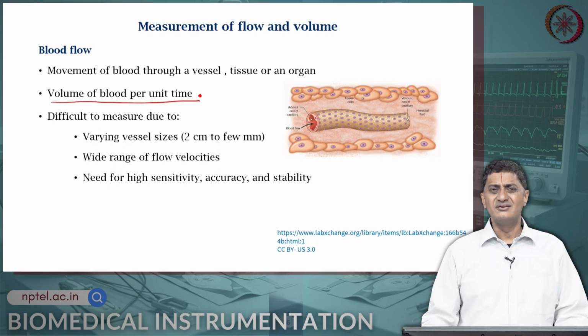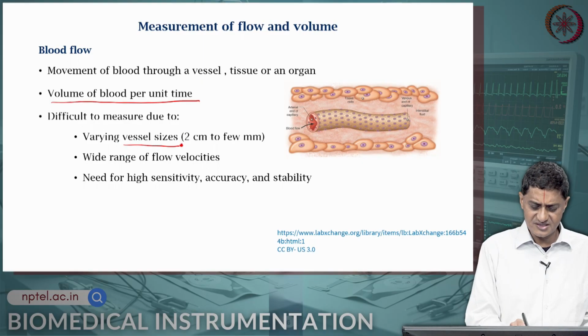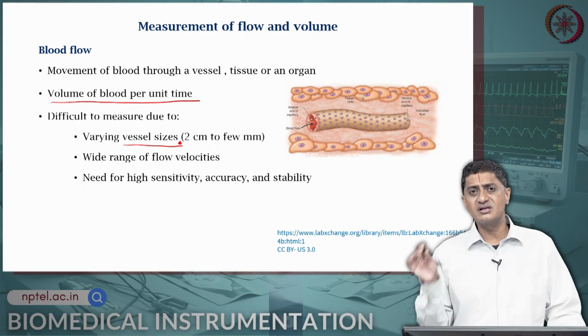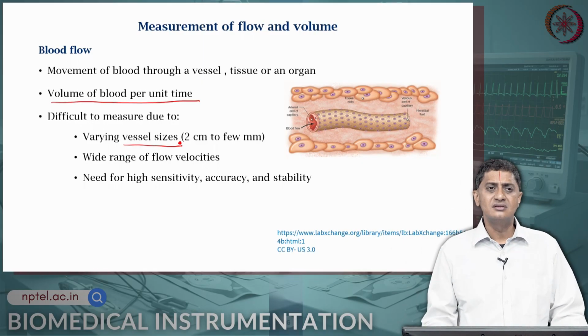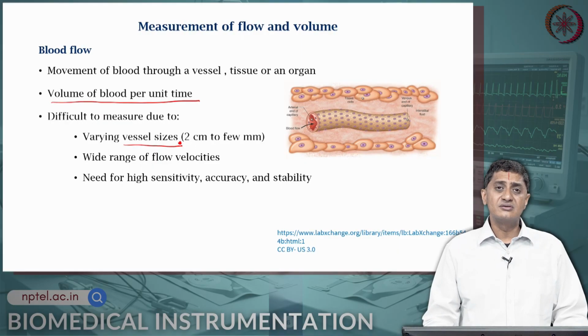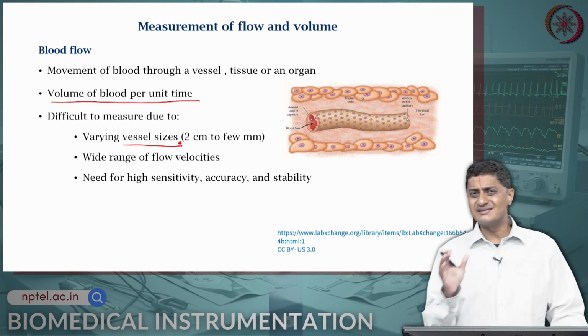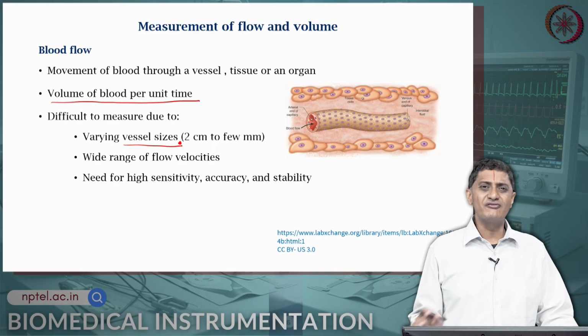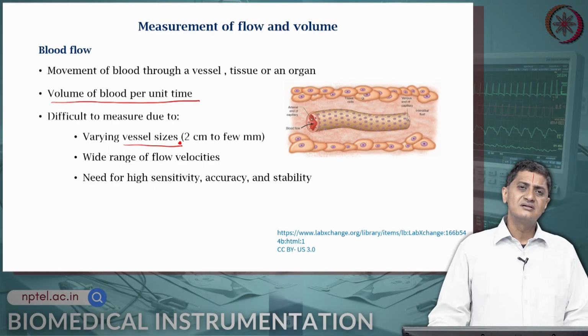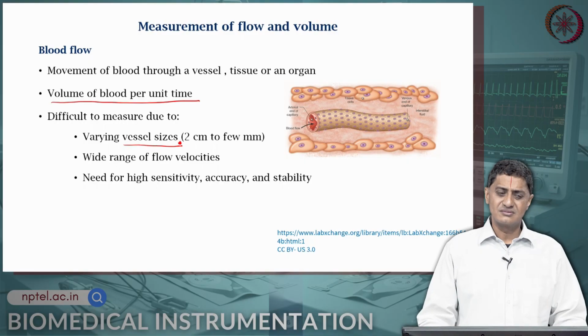So, there is a variety of blood vessel sizes. For example, the aorta is very big, then the capillaries are really small. Velocity of blood flow is high near the heart. Obviously, it will reduce. Why would it reduce? Because there is a resistance offered to flow by the blood vessel itself.